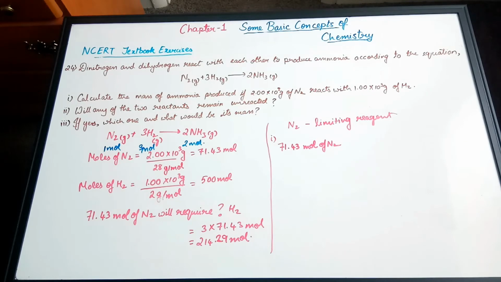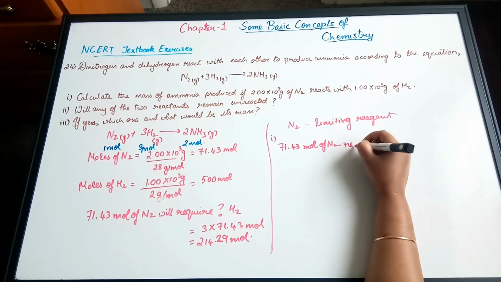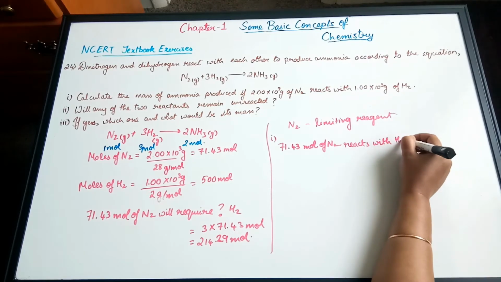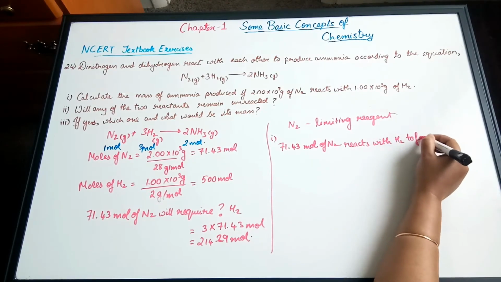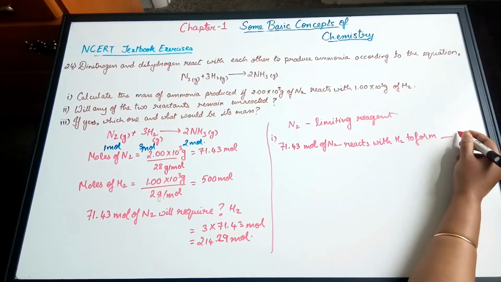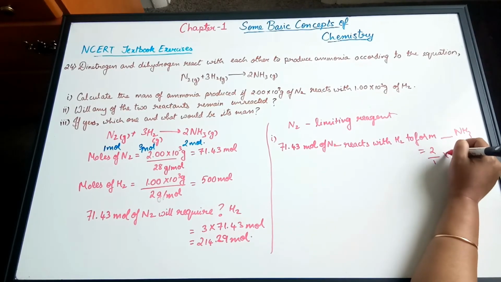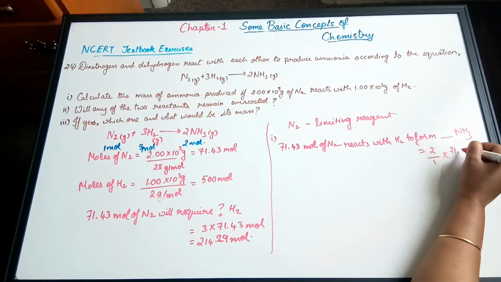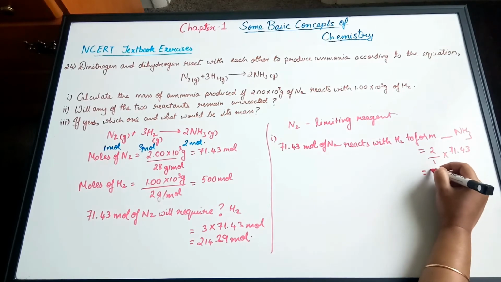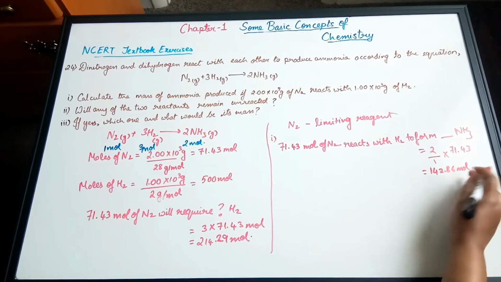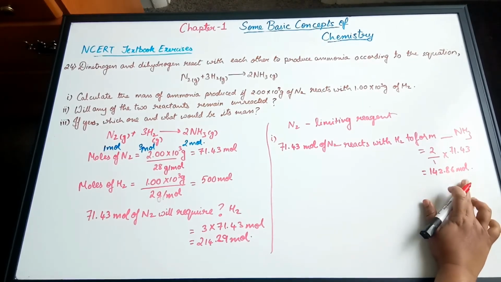It reacts with H2 to form NH3, and this is given by 2 divided by 1 into 71.43. We are just multiplying it by 2, and this gives us an answer of 142.86 moles.